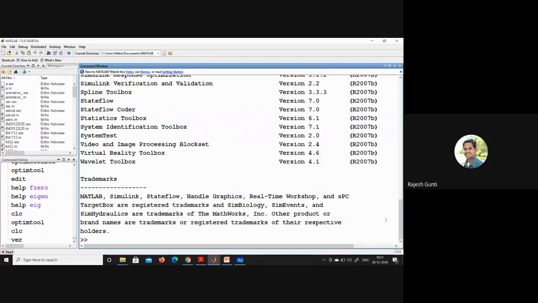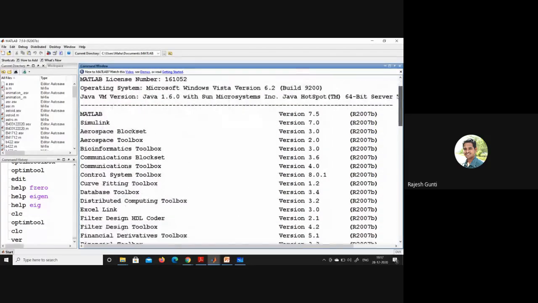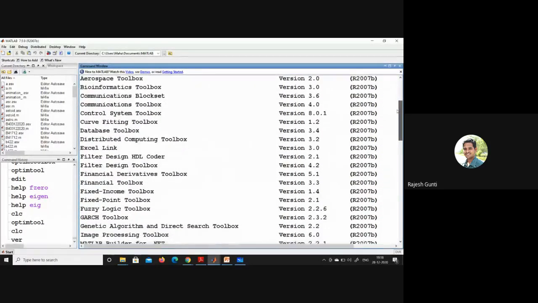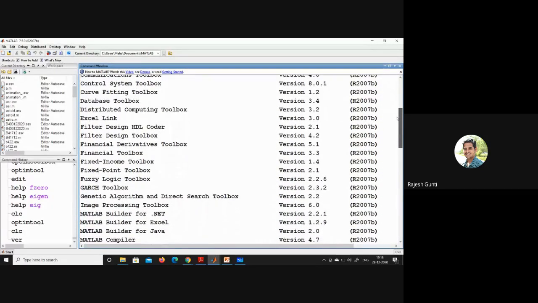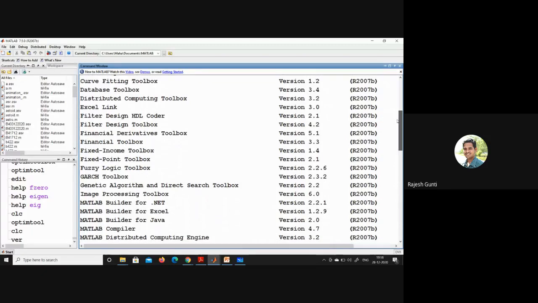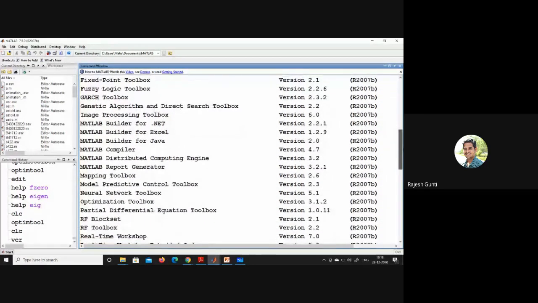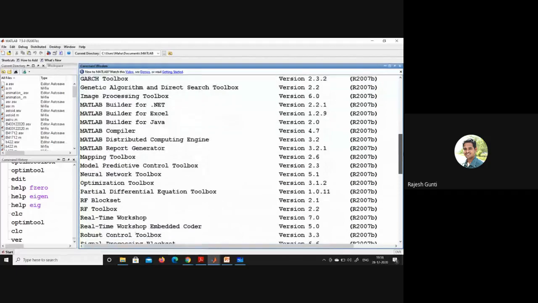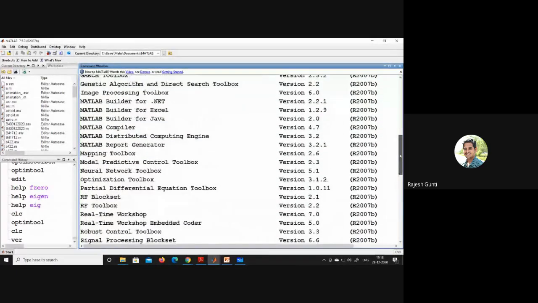These are the toolboxes available in this 2007 version. Aerospace toolbox, bioinformatics toolbox, communication toolbox, control system toolbox, curve fitting toolbox. This we open, curve fitting like this, fuzzy logic toolbox, and somewhere the optimization toolbox. Where is the optimization toolbox?